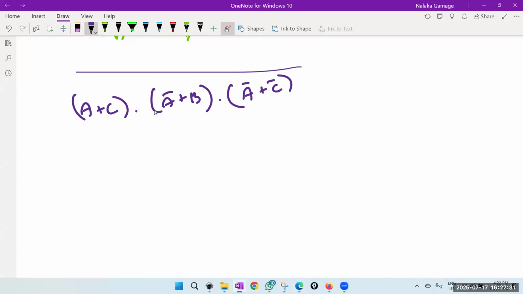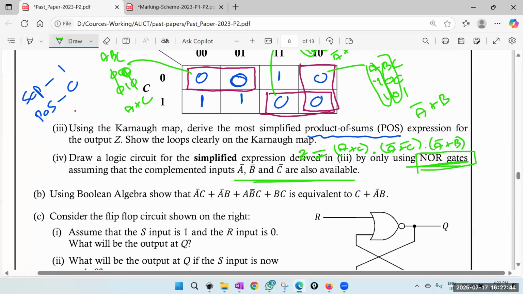Right, so now we need only NOR gates. Now this is anyway a difficult question, and now they ask you to draw the circuit also. That is the very difficult part. I thought they would just ask how many NOR gates are required.